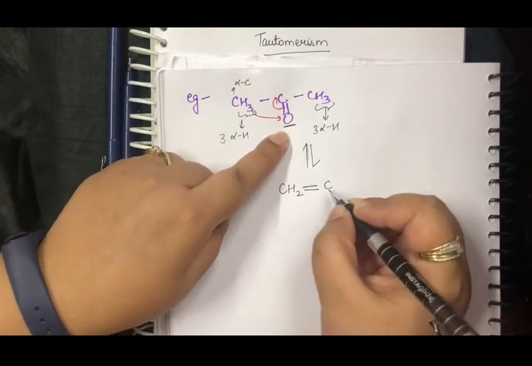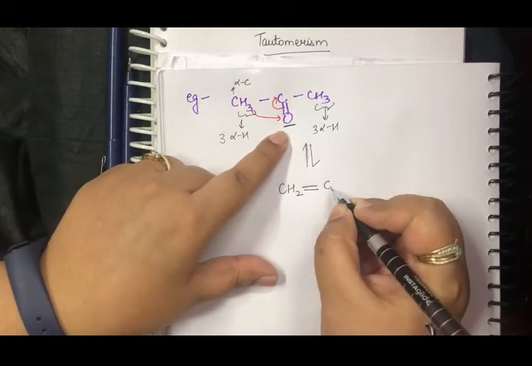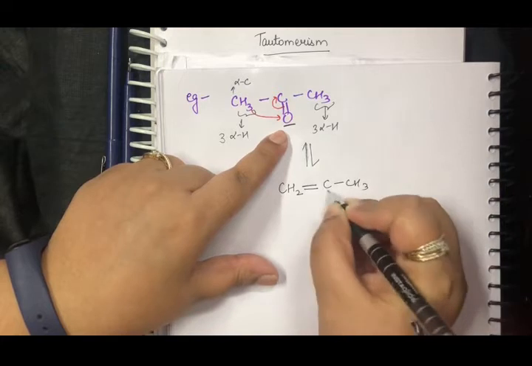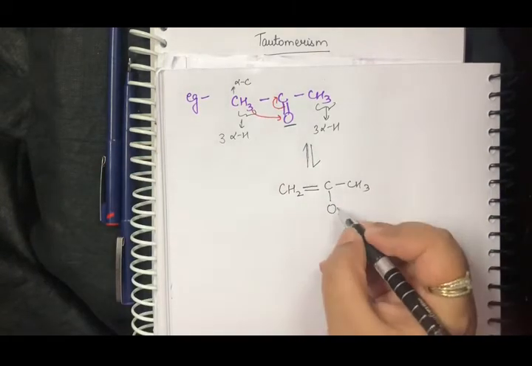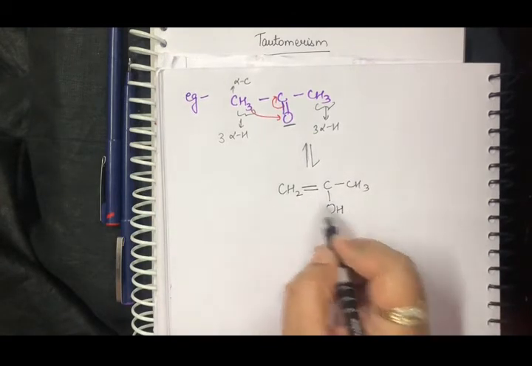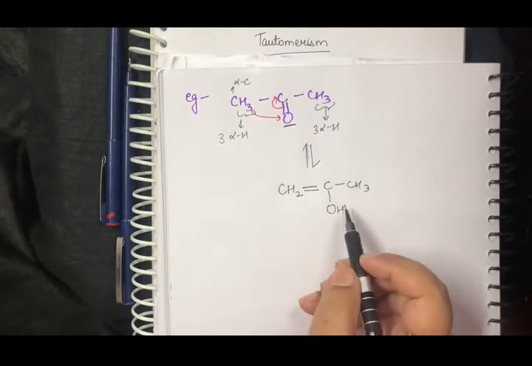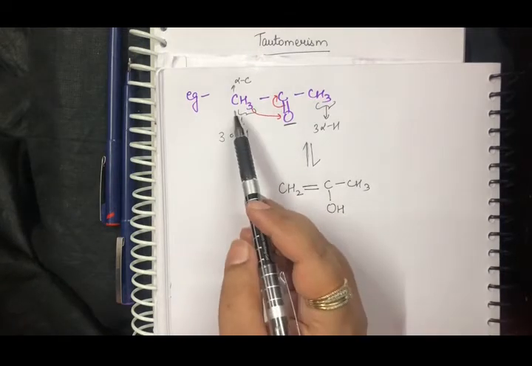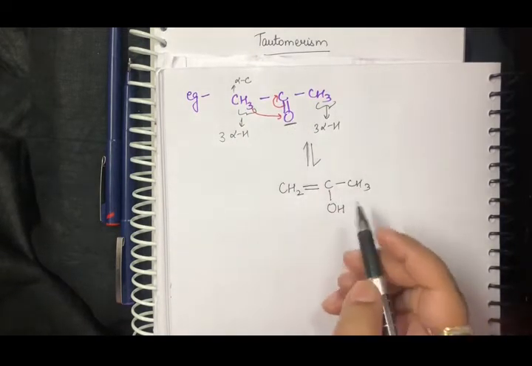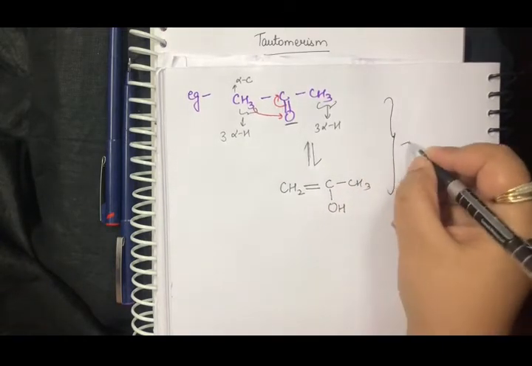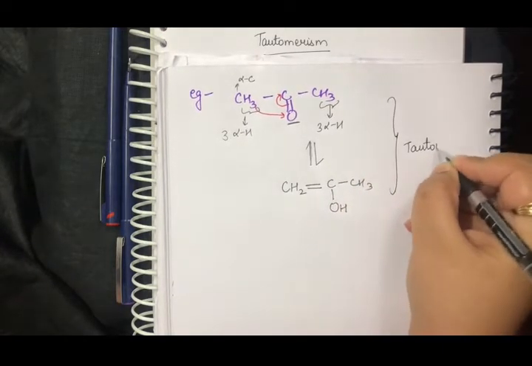So now this will be carbon double bond carbon, CH3. This is a single bond now because the double bond has already shifted to the other carbon. And this would have the hydrogen that was shifted. So the alpha hydrogen has shifted its place from one of the carbons to the electronegative atom. These two structures are called tautomers.